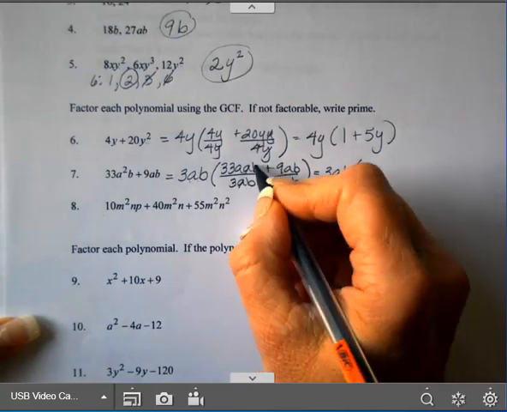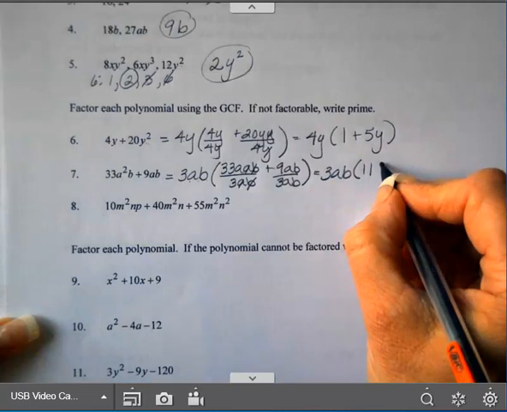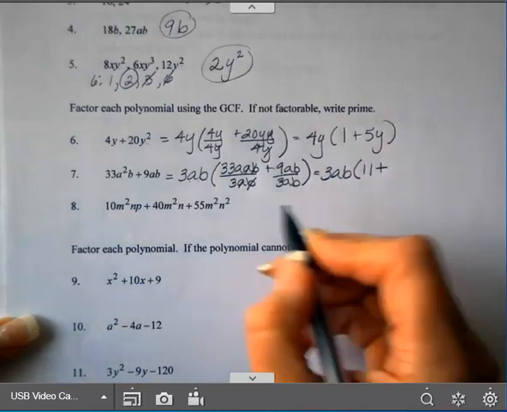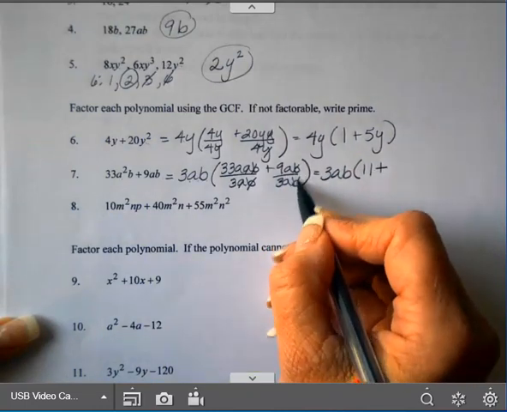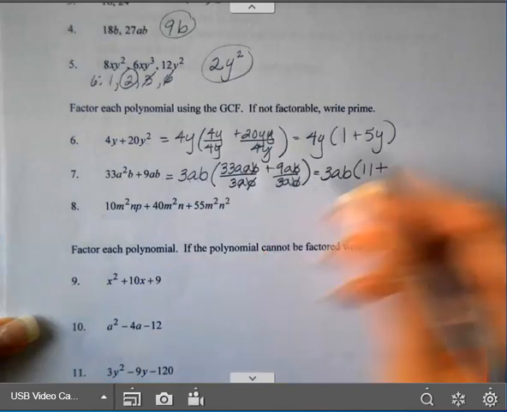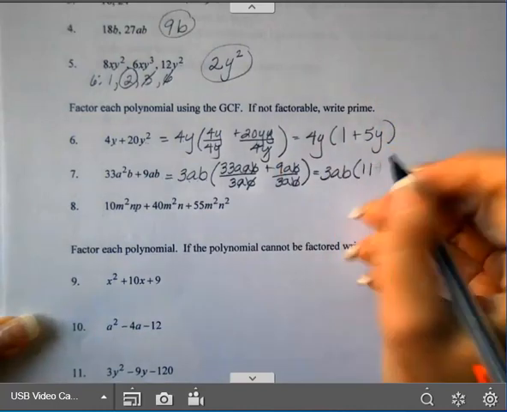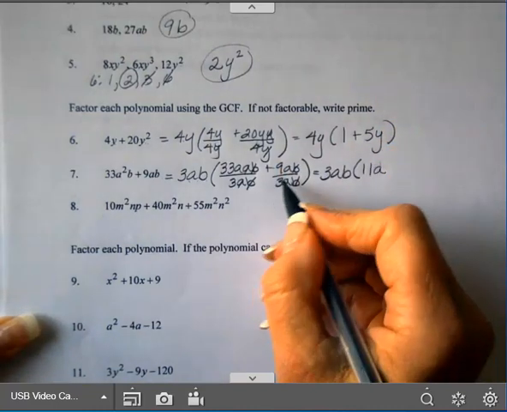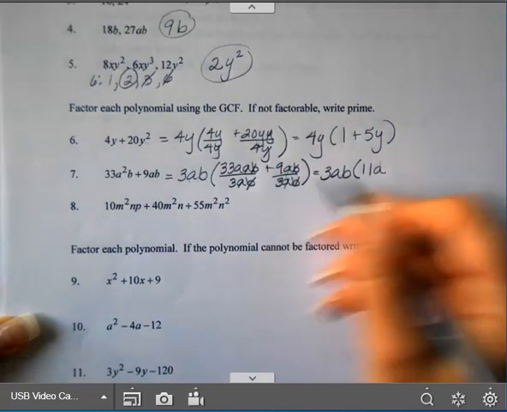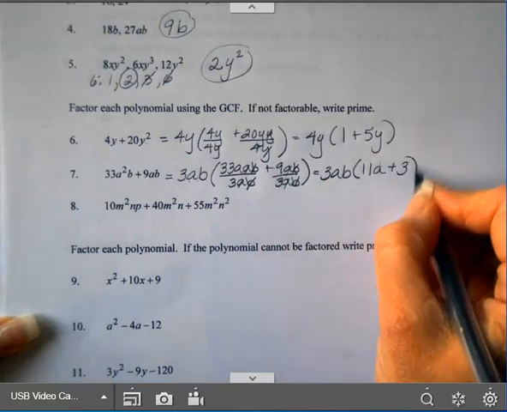The a's cancel, the b's cancel. Plus, oh, I had an extra a there, didn't I? So that was 11a. On this one, the b's cancel, the a's cancel, and that's left with 3.